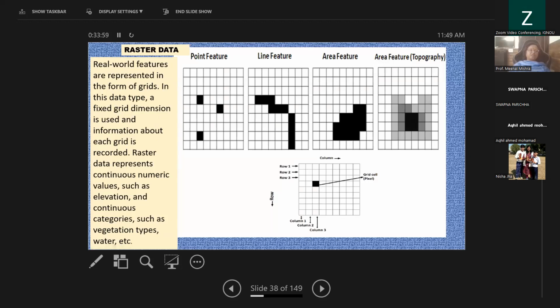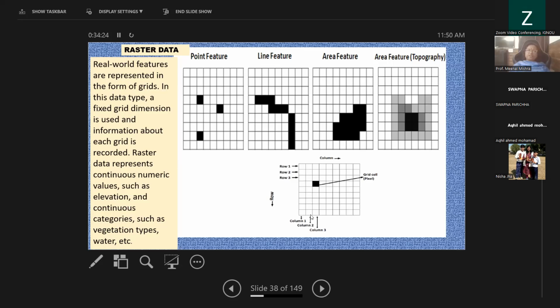Already I have discussed how raster data is represented in the form of grid, in the form of line, in the form of area, and this area features topography. And this is the smallest building block of any raster data, and we are just repeating it.